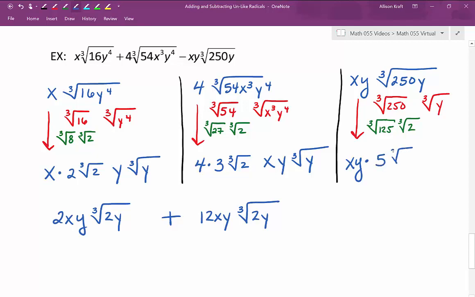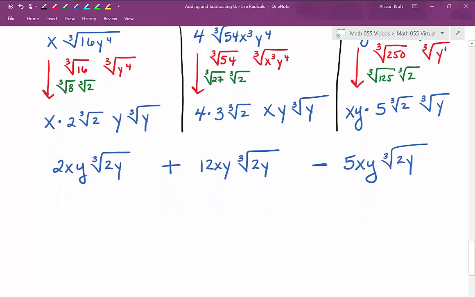Then we have the cube root of 2. Then I want to simplify the cube root of y, but the exponent on y is less than my index, so I know I can't simplify that. I just bring it down. Cleaning this up, everything on the outside, that's 5xy. Everything underneath, 1 radical, cube root of 2y.